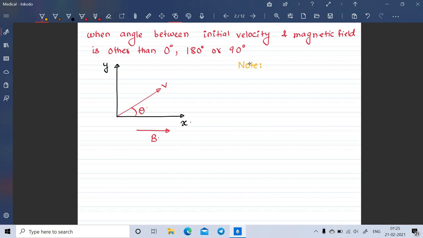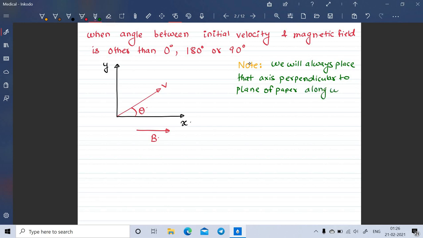Note, we will always place that axis perpendicular to plane of paper along which magnetic field exists.